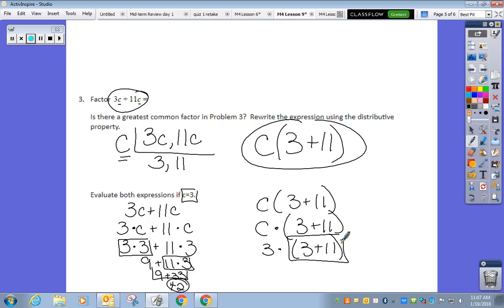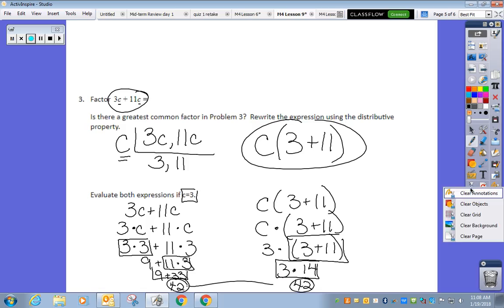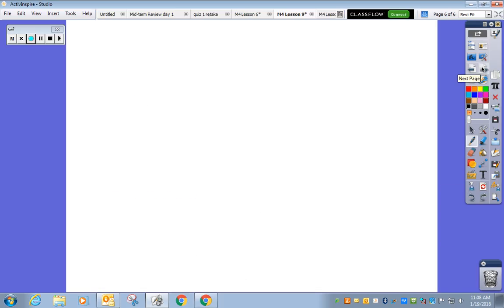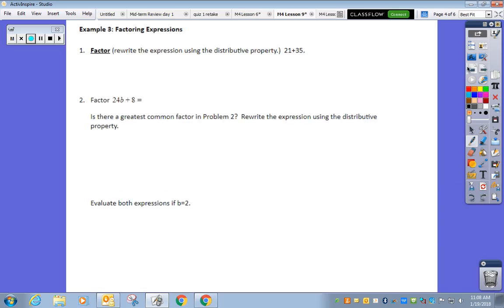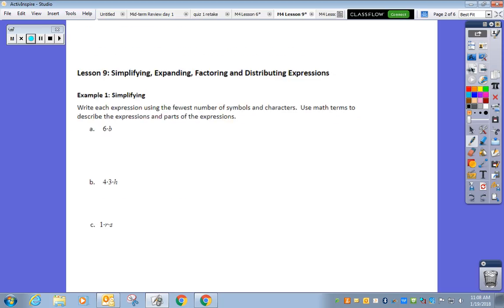So I will do my 3 plus 11, and 3 plus 11 is 14, and then when I do 3 times 14, I once again get the matching answer, 42, as I should since they are equivalent. All right, so that is showing us simplifying, expanding, factoring, and distributing expressions.